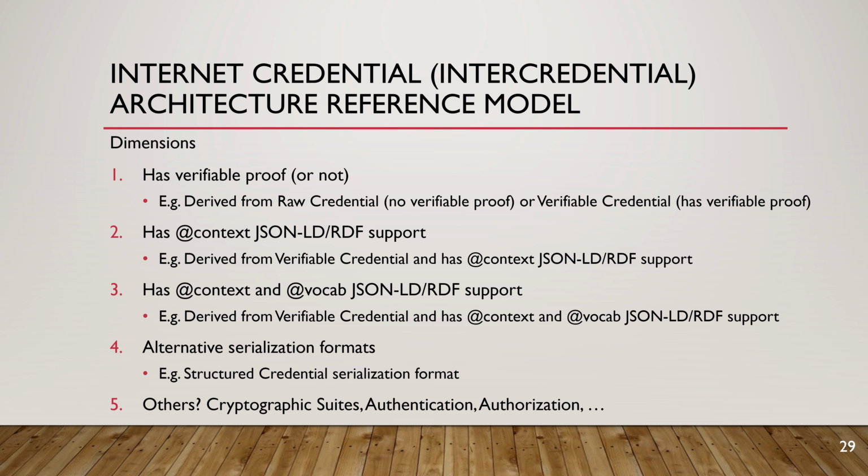So what other dimensions, what other candidates are there for expanding the architecture reference model for InterCredentials? Different cryptographic suites, different automation, different types of authorization. There's probably several dimensions that could be added here.